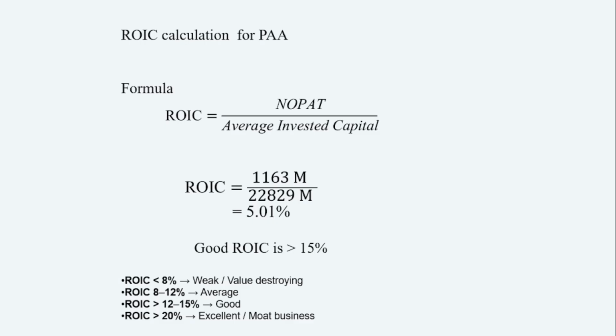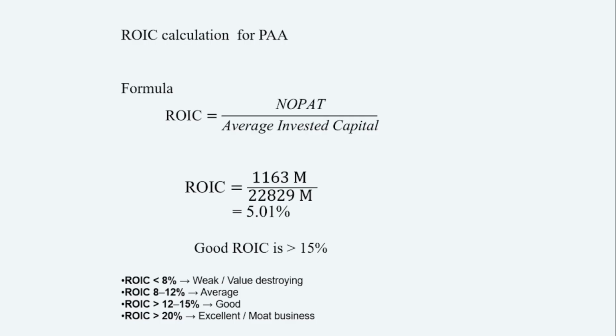Let's take an example from the real values of PAA. If we factor in 1,163 million divided by 22,829 million, ROIC is 5.01%. A good ROIC is greater than 15%.